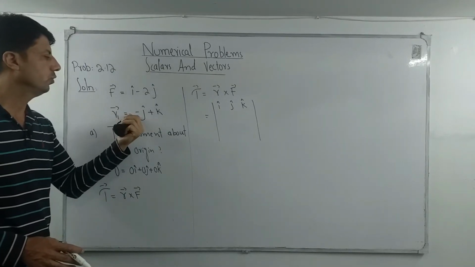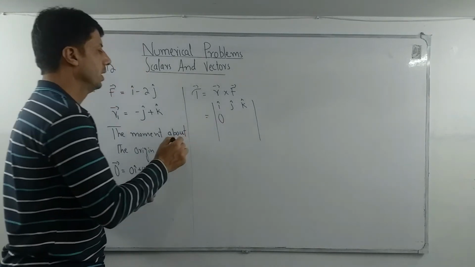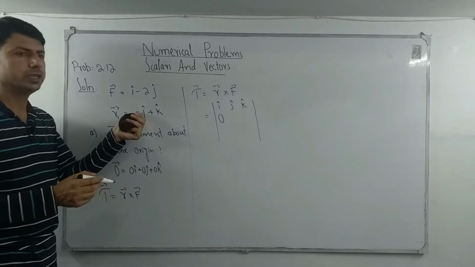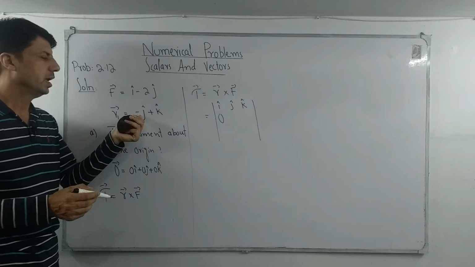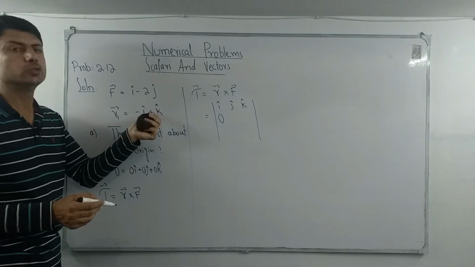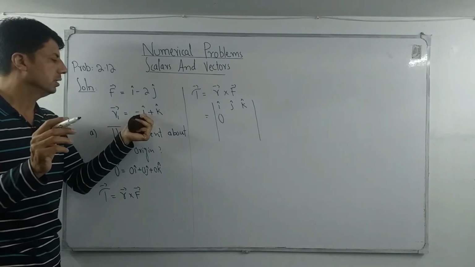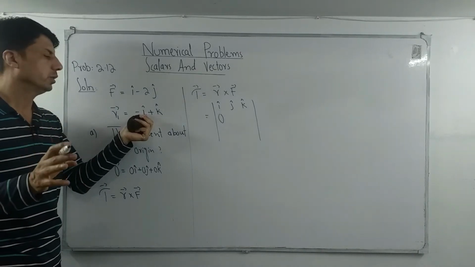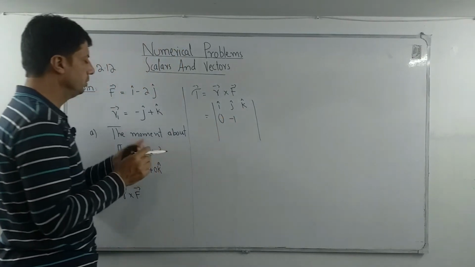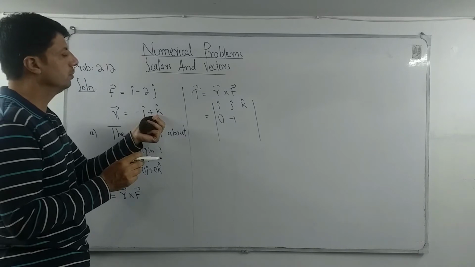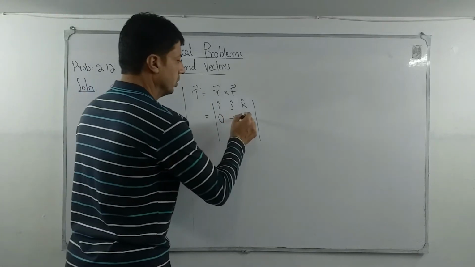For j, it is minus 1, that is, the magnitude of this component is minus 1, and for k the magnitude is 1. So the coefficient with the unit vector shows the magnitude of the component of the vector.